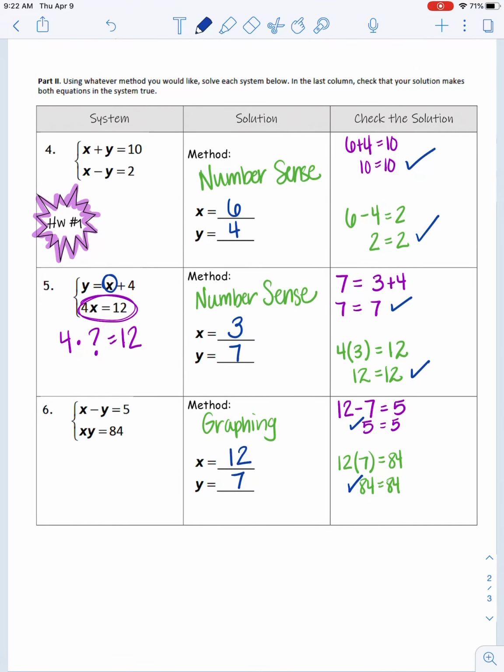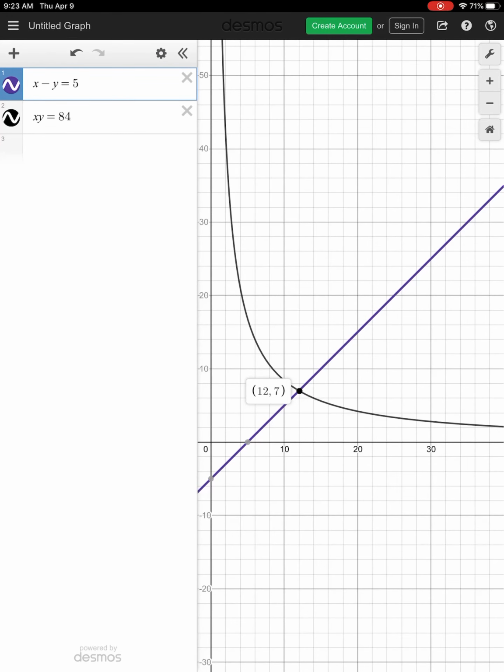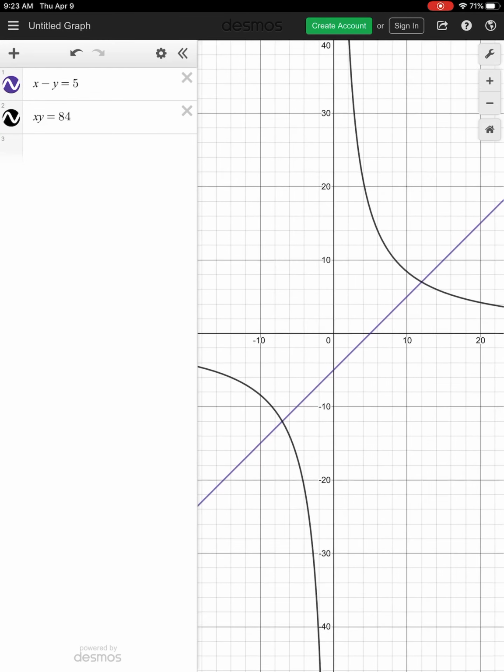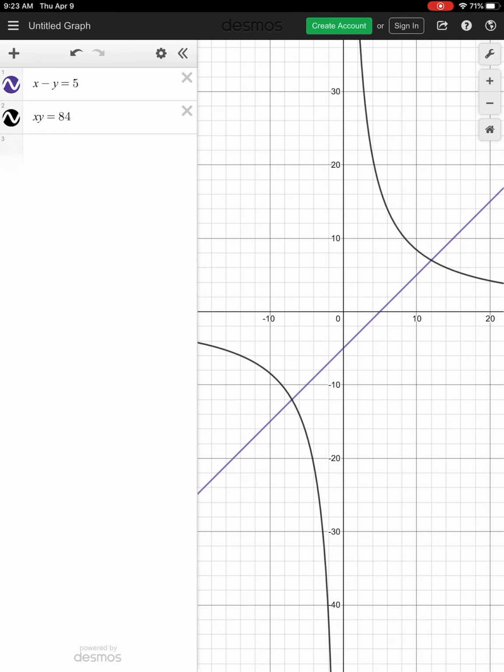I'm going to go back to Desmos really quickly. And maybe you saw it when I had it up before, maybe you didn't. So I'm going to scroll again. You can see that not only do I have an intersection at 12, 7, but there's another intersection on this graph as well. And that intersection is -7, -12.